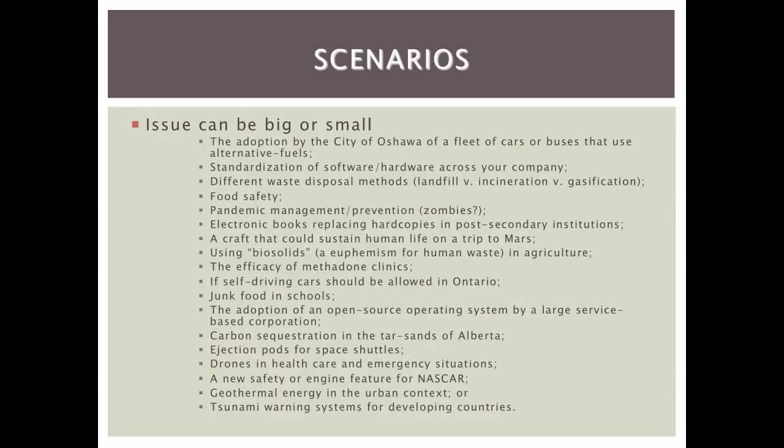If you're more interested in social issues, there's methadone clinics you could look at, self-driving cars, junk food in schools is a fairly current issue, open source, carbon sequestration, injection pods for space shuttles, drones in healthcare, right? I know Amazon is trying to use them. Maybe there's ways to use them in the developing world. New safety features for NASCAR, tsunami warning systems. That comes to my mind because I'm on the West Coast.